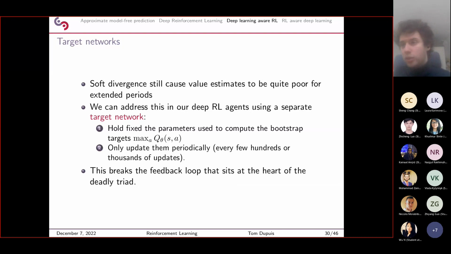This breaks the feedback loop, especially the problem of bootstrapping that makes this soft divergence happen, and it really helps in practice.